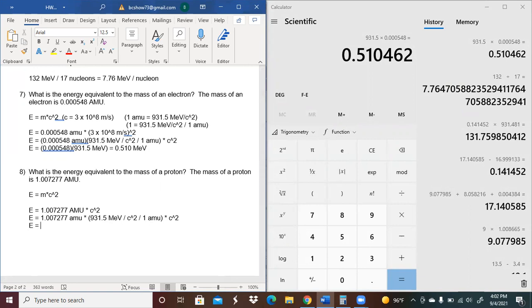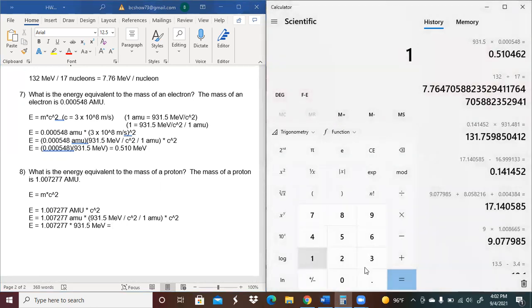So I'm going to end up with 1.007277 times 931.5.